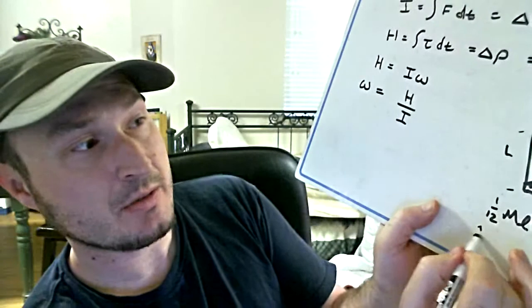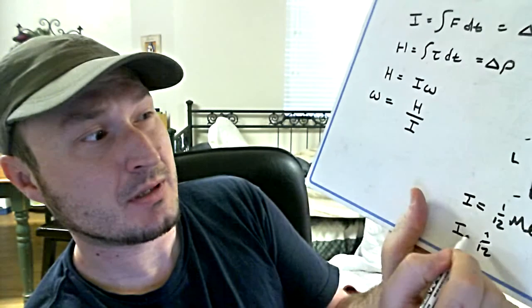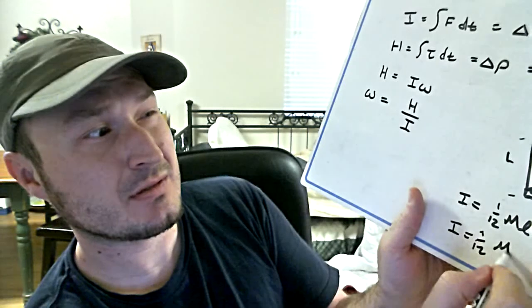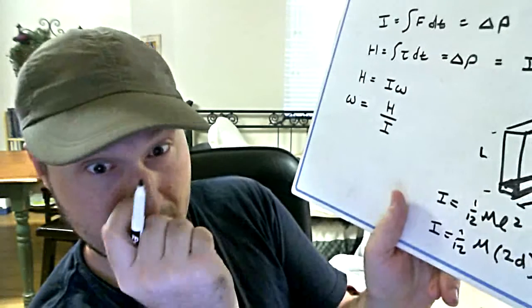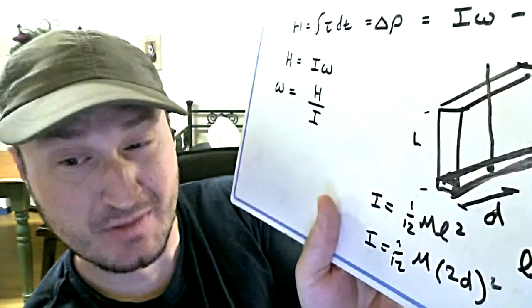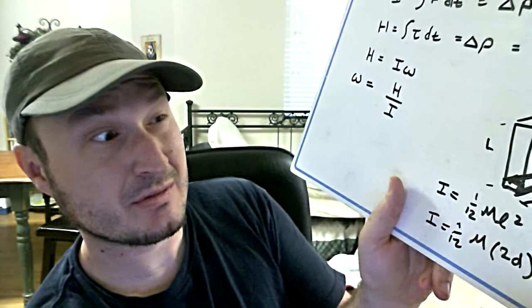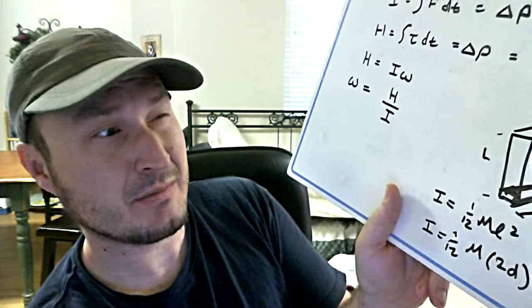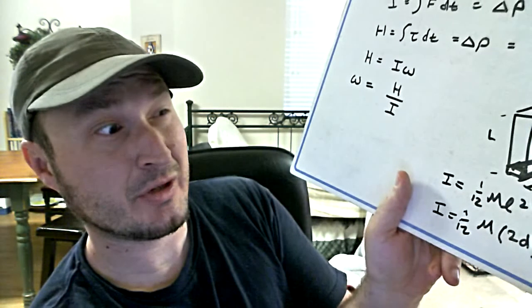So you plug in, this is I equals 1/12 m times 2d squared, right? And you get the 2 squared there, so you get 4/12 m d squared. That's a third md squared.